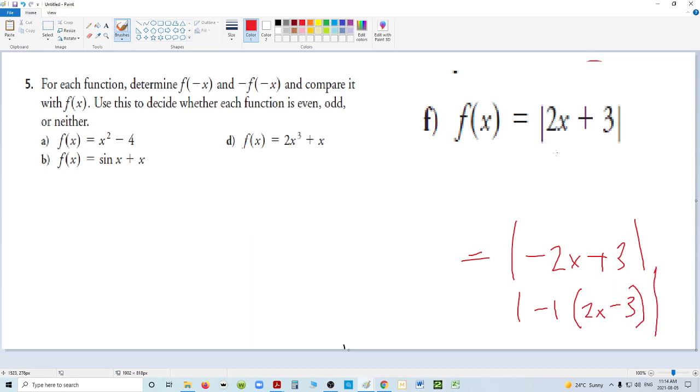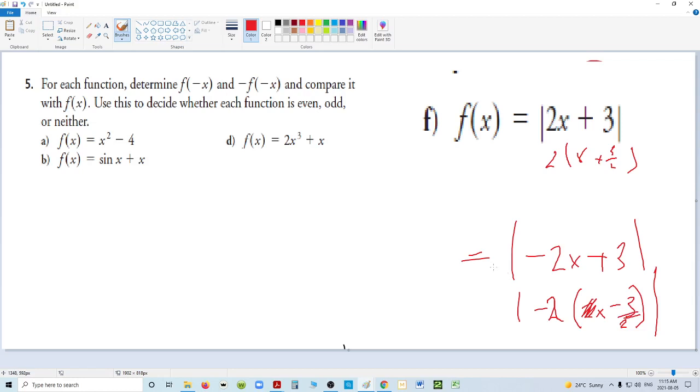If we go to the original, we're looking at something that is shifted to the left 3 over 2. And when we look at this one, we're looking at something that is shifted to the right 3 over 2. So right away I can say that it's probably not going to be even.